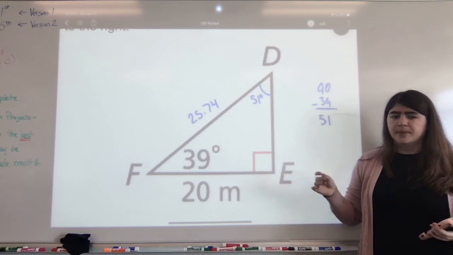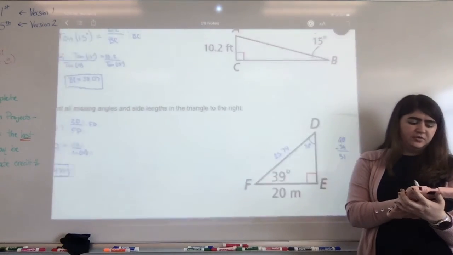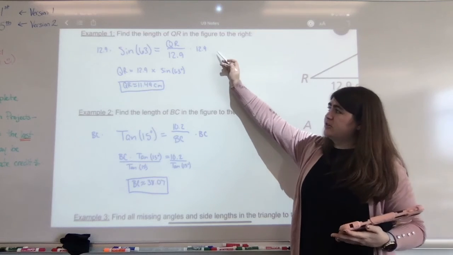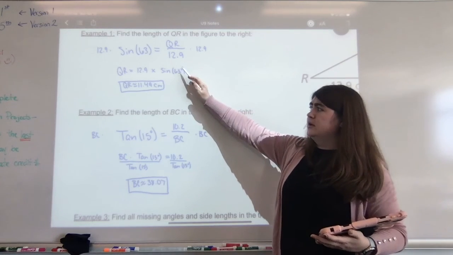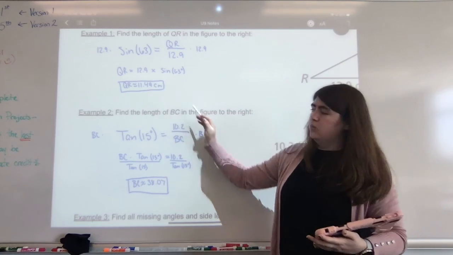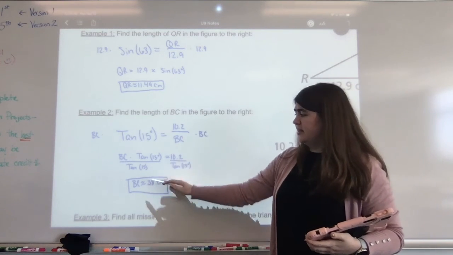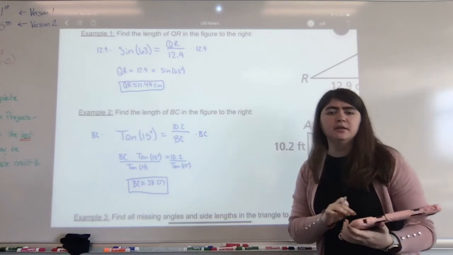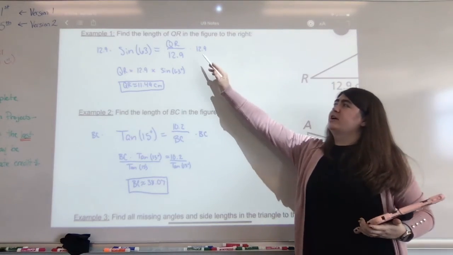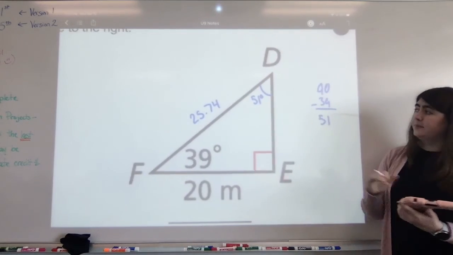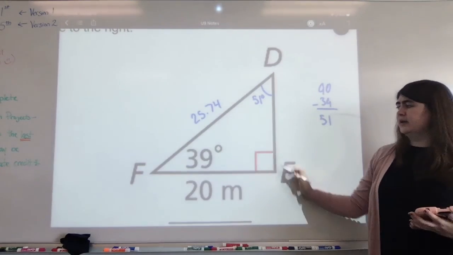If we look at our other examples, when the variable was on top, we just had one simple multiplication, and we had our answer. When we had the variable on the bottom, we had to multiply and then divide. Either is fine, but if I can get the variable to be on the top, then that's what I want to do. So opposite would have to be this side.